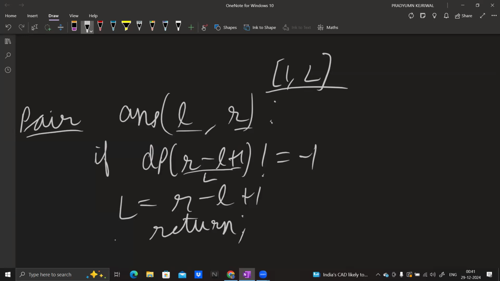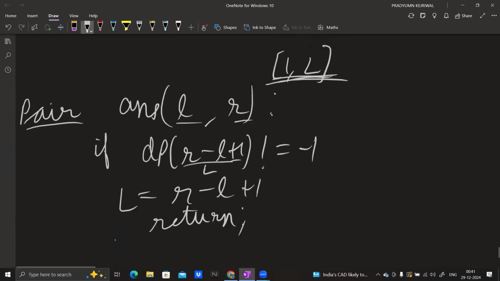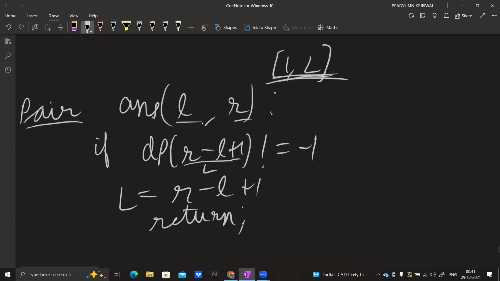But let's say we do not have the answer for 1 comma L. We want to calculate it. Then we can recursively call the answer. Basically, if this dp is equal to minus 1, that means we have not yet calculated the answer for this length.